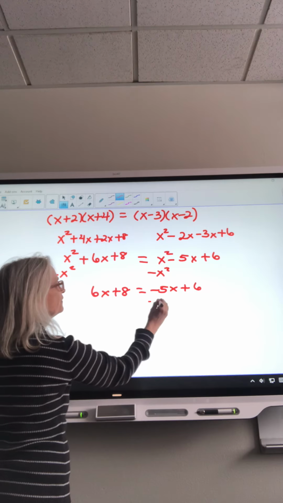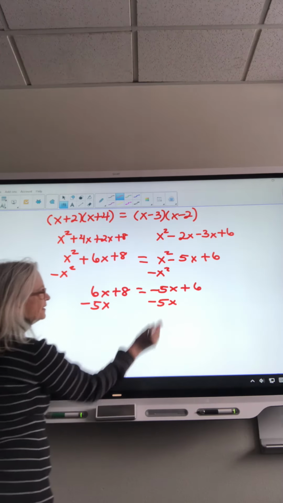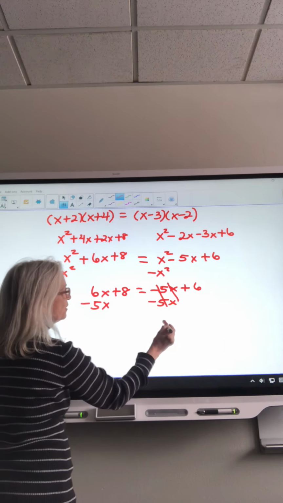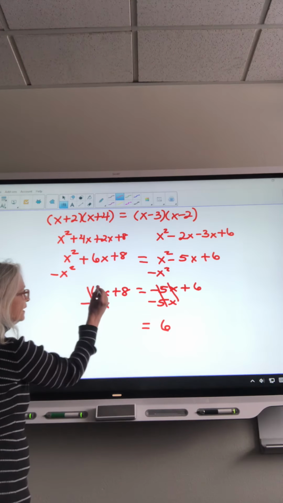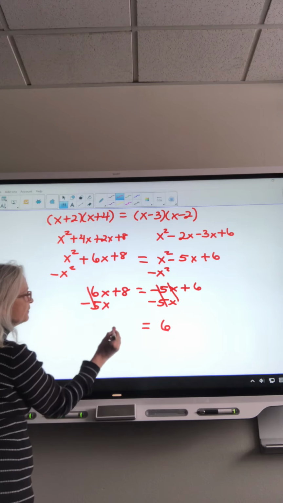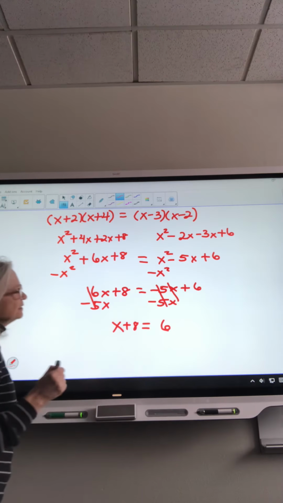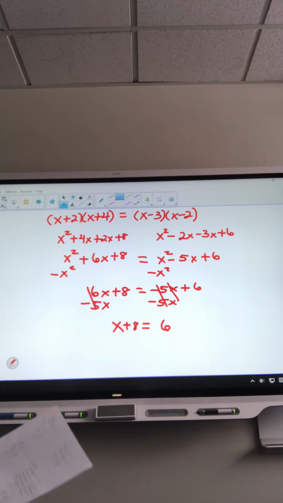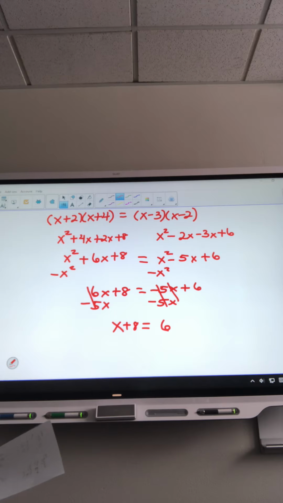Let's take away the 5x. So if I take away the 5x, that cancels out. So on the right, I've got 6. Here, I get 6 take away 5, which is x. So on the left, x plus 8, and on the right, it's equal to 6. Again, I'll give you a few seconds to catch up.